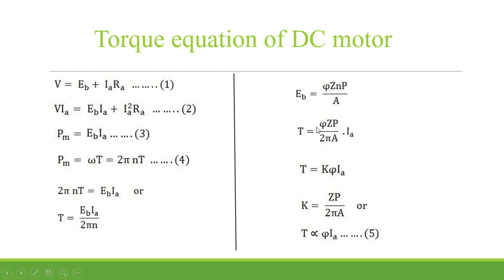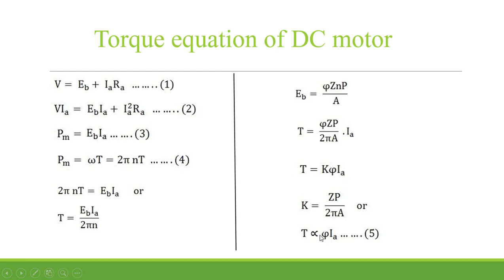In this torque equation, Z, the number of armature conductors, is constant. The number of poles is constant as per the construction. The number of parallel paths is also constant, and 2 pi is a constant term. So we are replacing this with capital K. So torque can be written as capital K constant times flux per pole multiplied by the armature current.